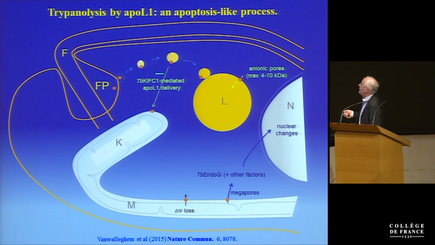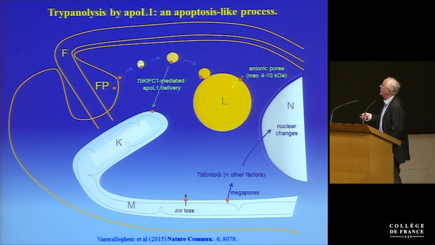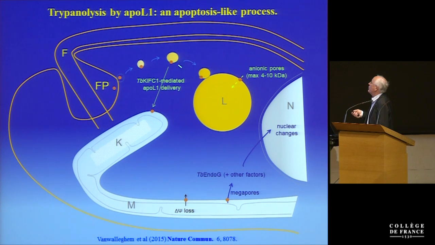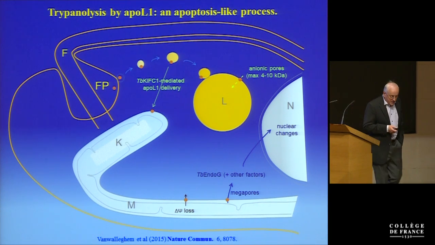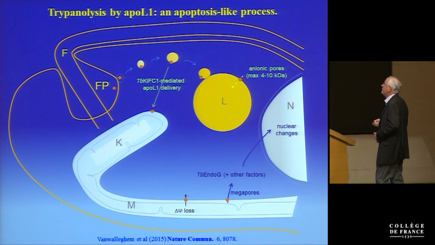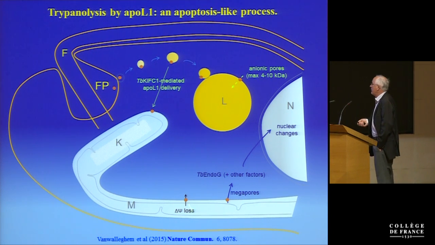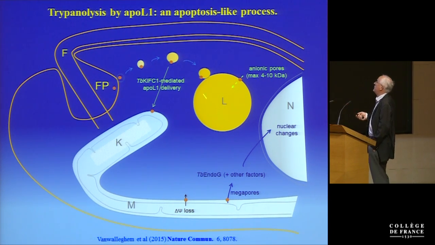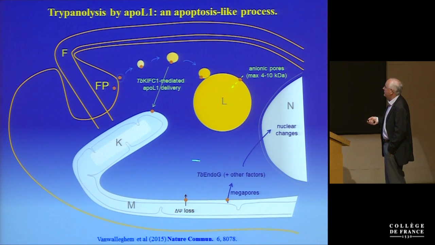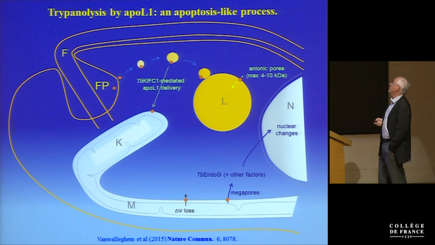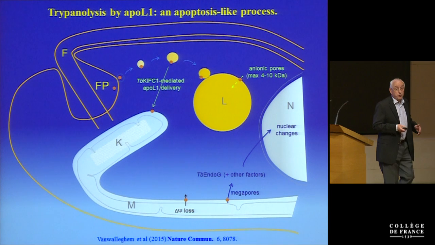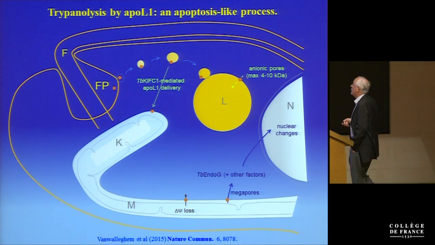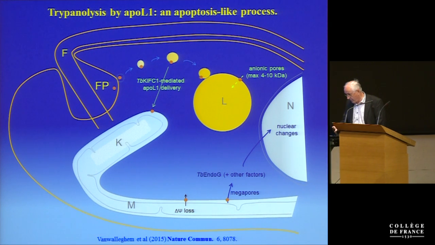What kills the parasite is the fact that, due to the activity of a given kinesin, which is called TBQC1, some membranes that contain ApoL1 are transferred from endosomes to the surface of the mitochondrion, and this results in a kind of apoptosis of the trypanosome, with the formation of megapores that allow the release of a given endonuclease called TB-endo-G from the mitochondrial membrane to the nucleus, where this endonuclease simply cleaves the DNA, and then, of course, the parasite cannot survive anymore. So this is the way ApoL1 kills the parasite.